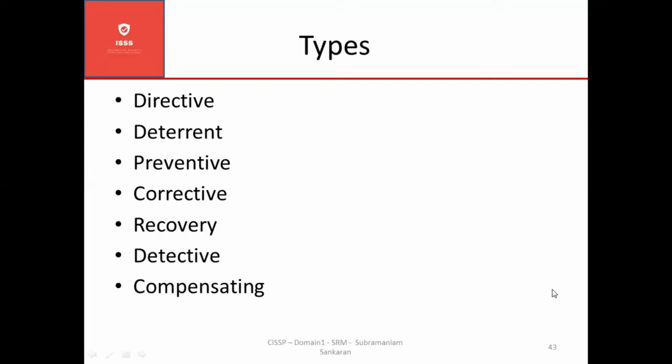Now, coming on to deterrent control. Deterrent controls are the security controls that discourage an unauthorized person from doing something. A deterrent control will not stop you; it just discourages. For example, a sign saying CCTV camera surveillance in progress for your security could be a deterrent control.